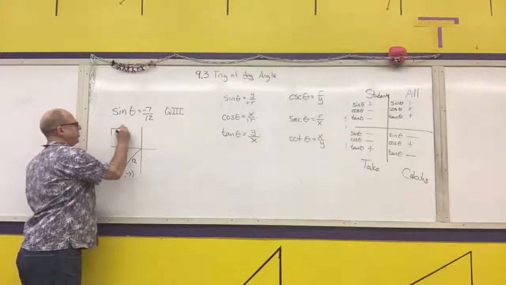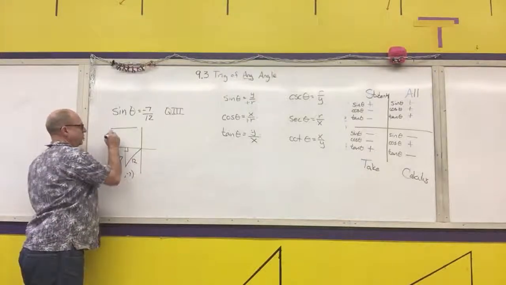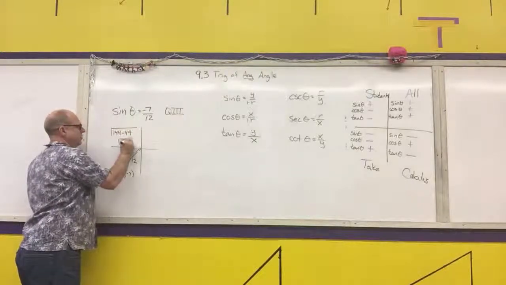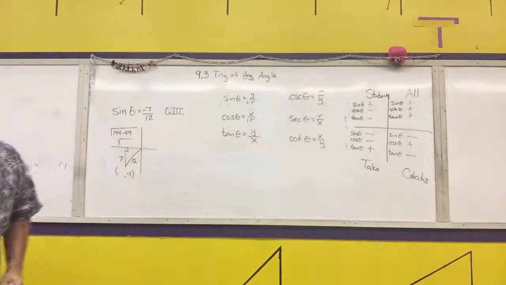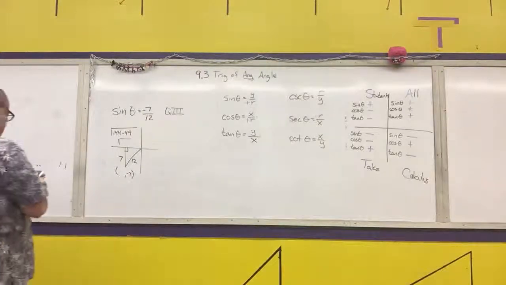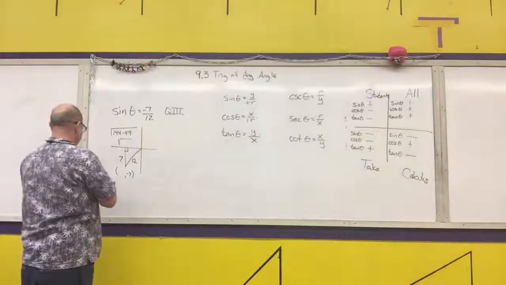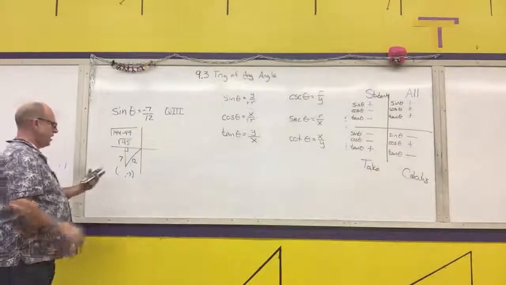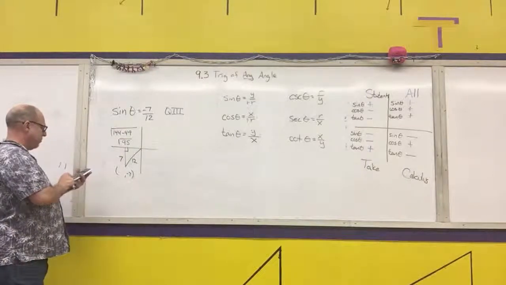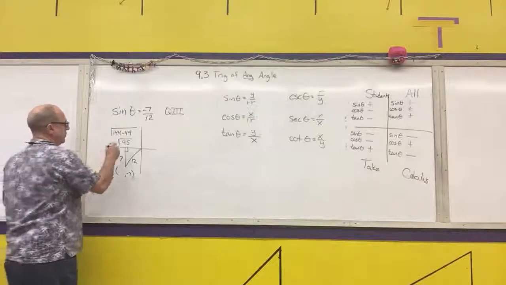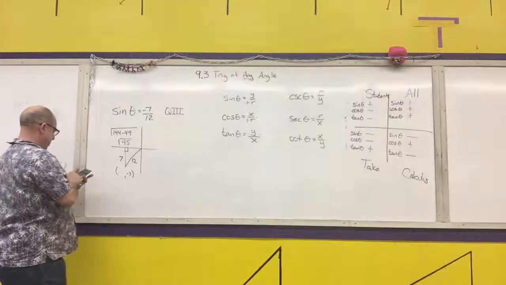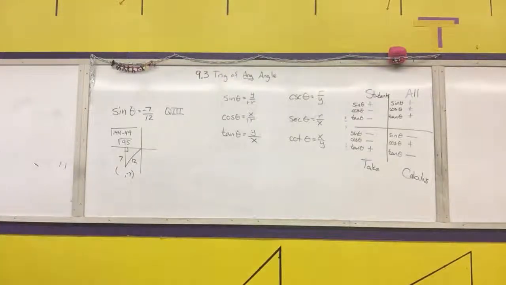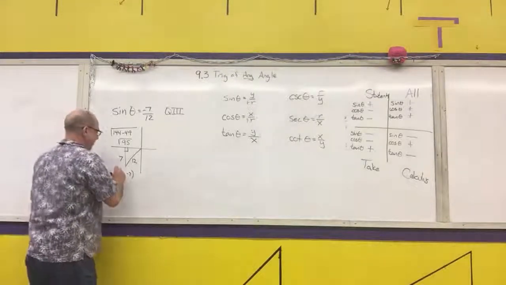So I have the square root of that squared minus that squared, which is 144 minus 49, which is the square root of 95. Yep, it's just the square root of 95.